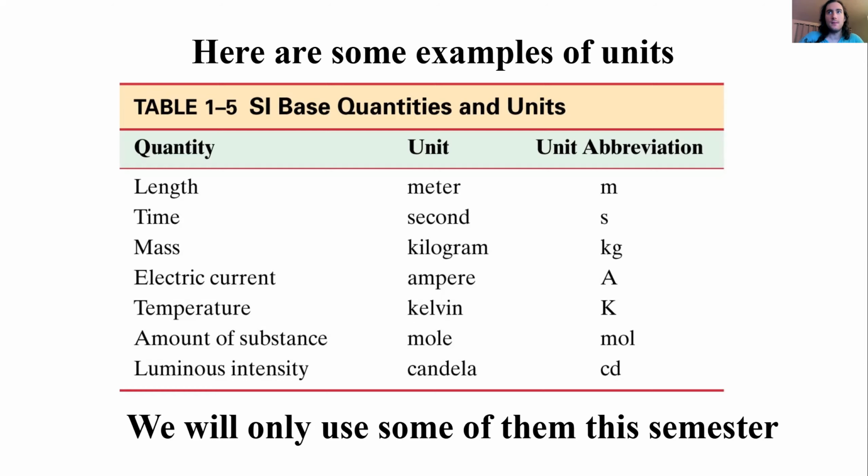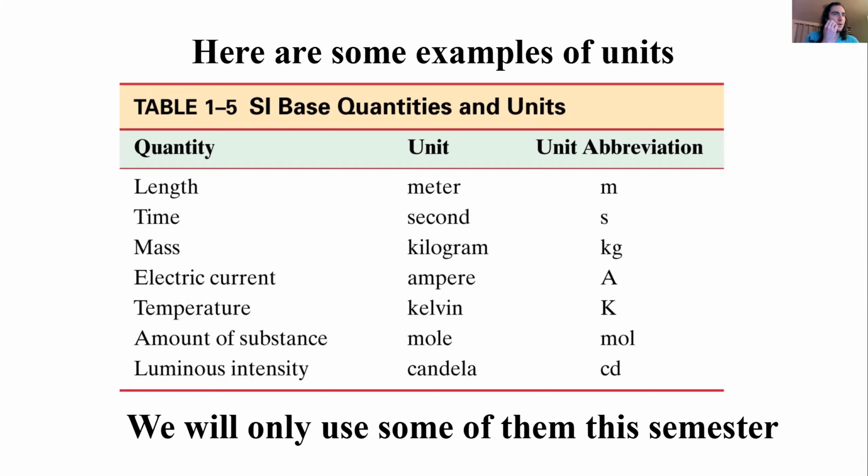Luminous intensity. This is the brightness per square meter of a light. Very useful, actually. This is how you plan out if you're going to buy a monitor for your computer, right? You want to look at this luminous intensity unit, and you can really see, okay, is this going to be a bright screen? Is it going to have good colors and things like that? And there's other measures for contrast ratios and things like that.